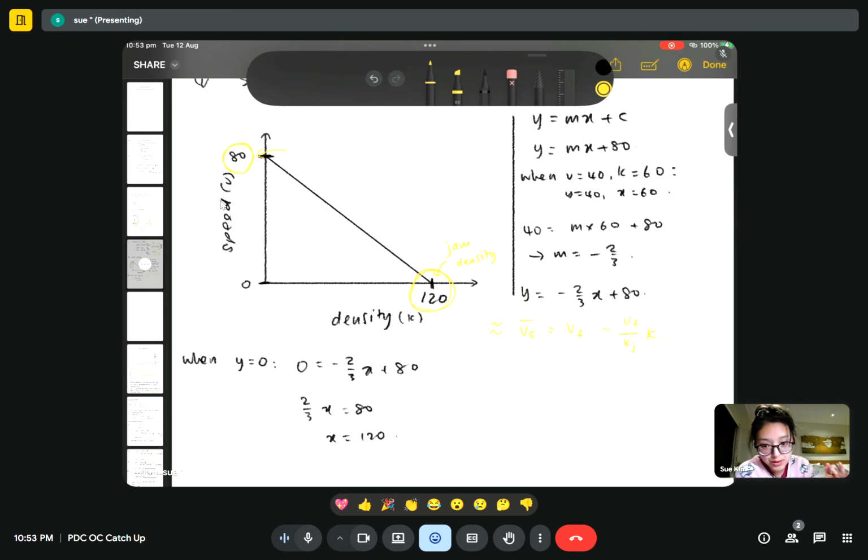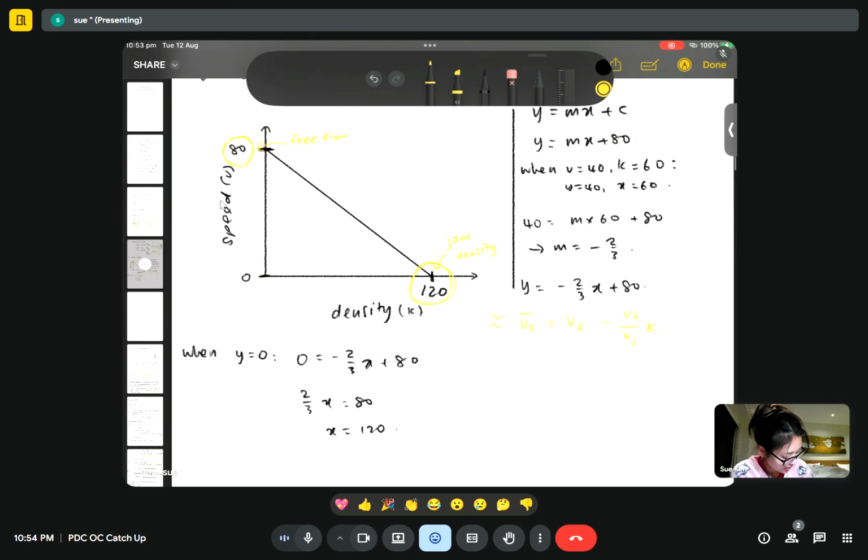So if there's no cars on the road, what's the maximum speed you can go? That's going to be 80 k's an hour. So I'm going to call that free flow speed. So that means jam density is 120 vehicles per kilometer, and free flow is 80 kilometers per hour.